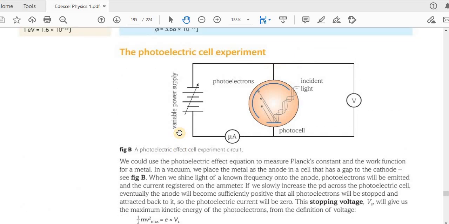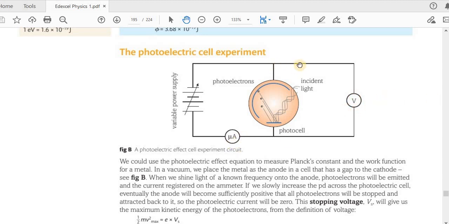So let's see what happens here. Looking at this, I think you can try to figure it out. Here we have an ammeter. We write this as a microammeter because the current is very small, so we need an ammeter which can measure very small currents, for example in microamperes.